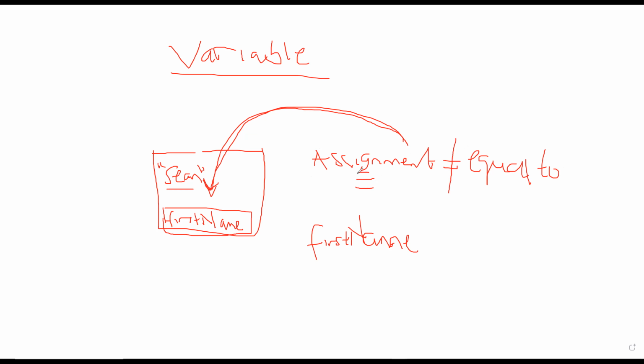This is the assignment operator. If you are looking for the equal to operator, it is either the double equal or triple equal. You will get to know this when we are treating operators. But for now, this is an assignment.